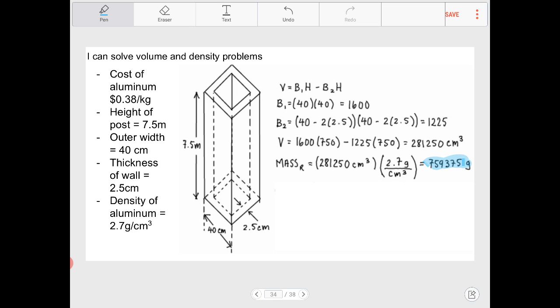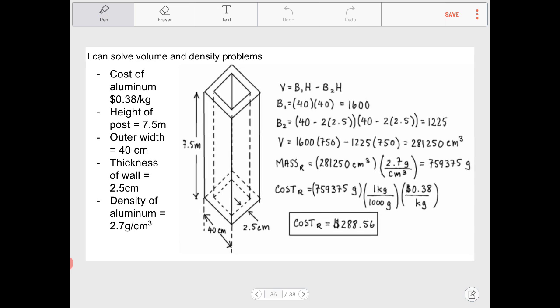So I take this mass, convert it to kilograms, and multiply it by the cost of the aluminum per kilogram. I end up with the cost of the aluminum to be $288.56.